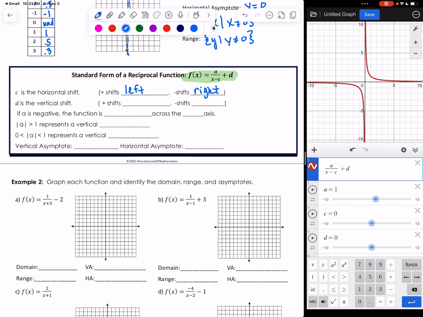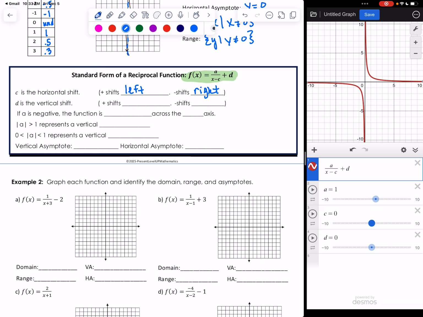So let's talk about positive. Right now it says that c equals 0, but if I move my slider and make c equals 1, do you see how it moved to the right? 2, 3, 4, 5, and so on. All right, let's go back to 0. What if I make my c minus or negative 1? Do you see how it moves to the left?